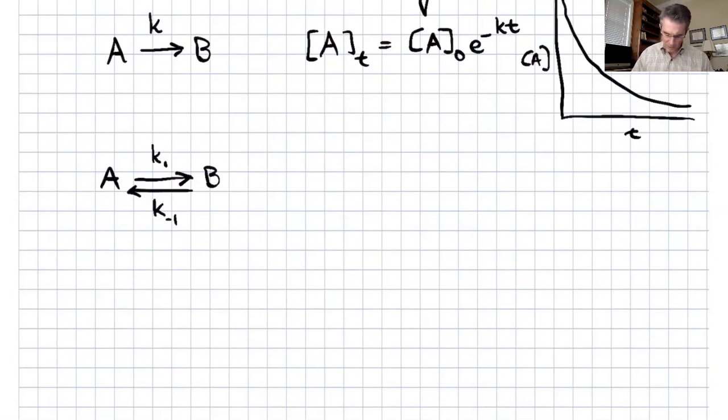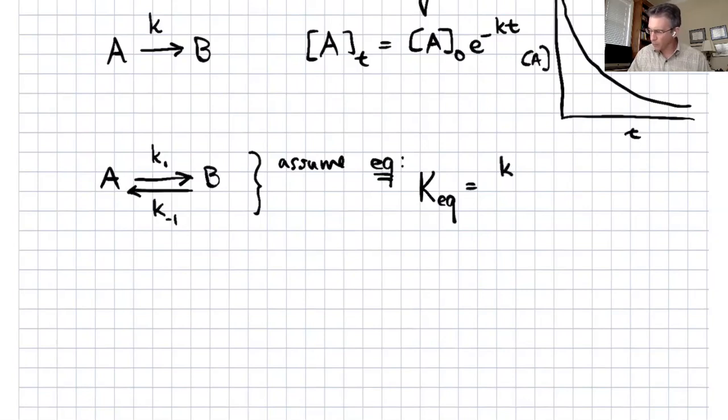We said, well, if we assume we have a process like this and we assume we're at equilibrium, things get kind of easy, right? Because then we just find that the equilibrium constant is simply equal to the ratio of those rate constants, which would be k1 forward over k minus 1, if we define the equilibrium constant as product over reactants, which is then equal to the concentration of B over the concentration of A.